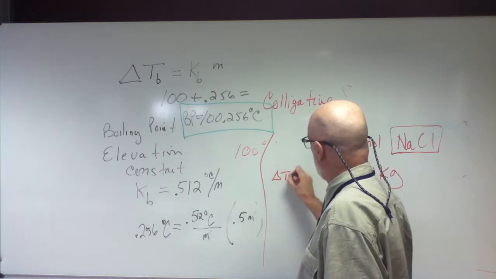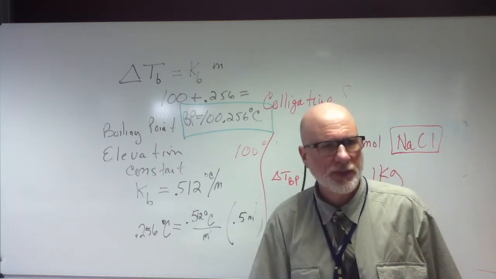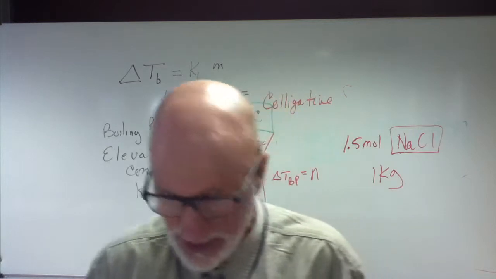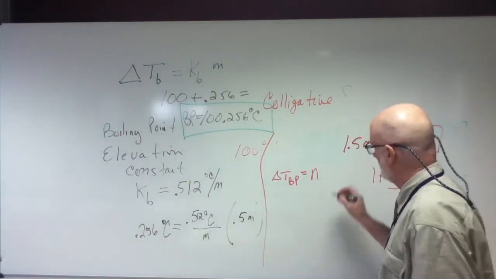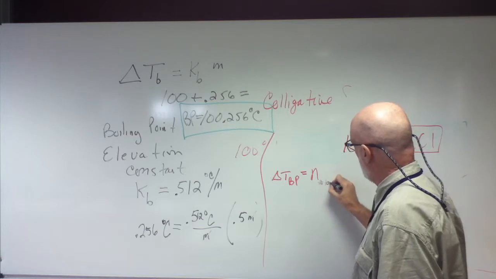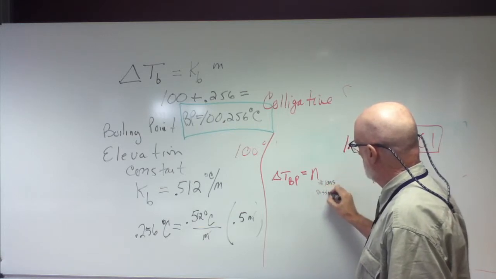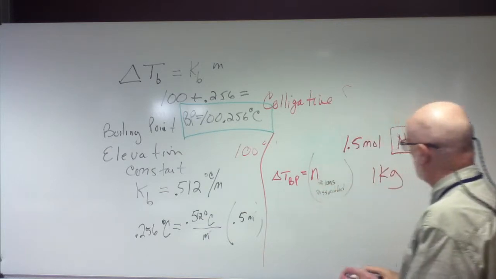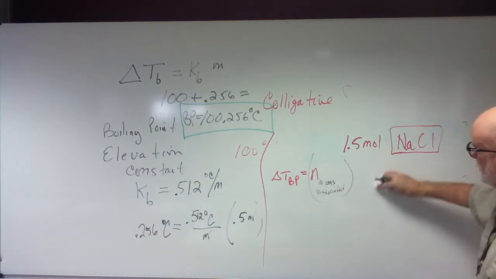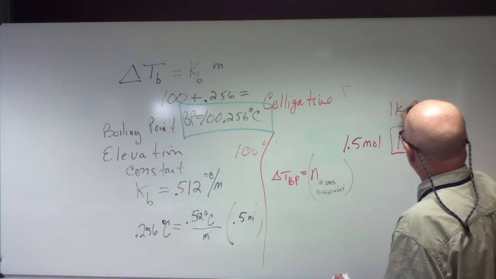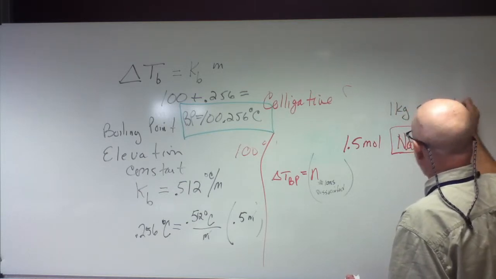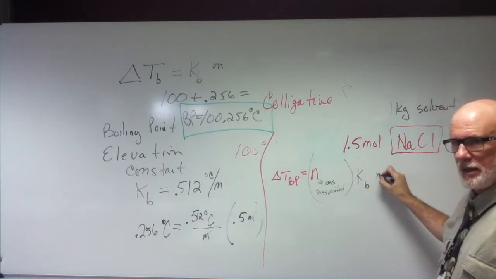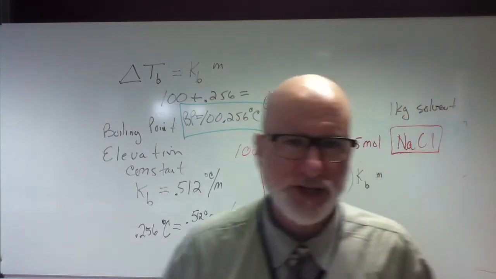The change in temperature, the boiling point elevation, equals N, which is the number of ions dissociated, times 1 kilogram solvent times the Kb. Freezing point depression is the same way.